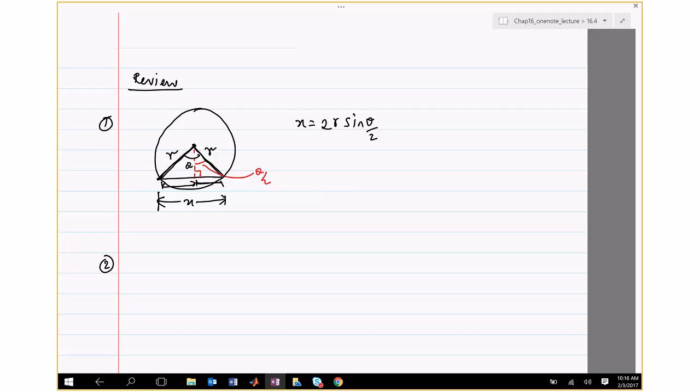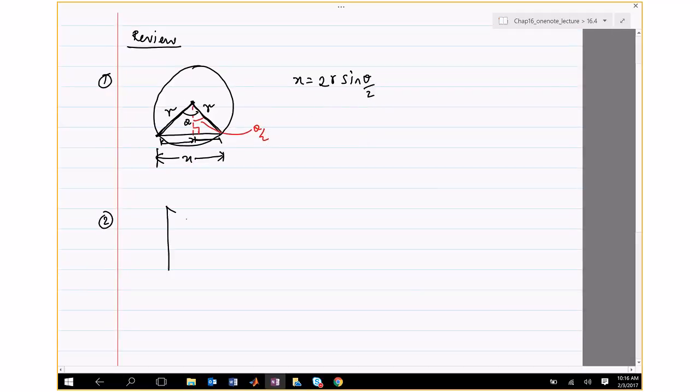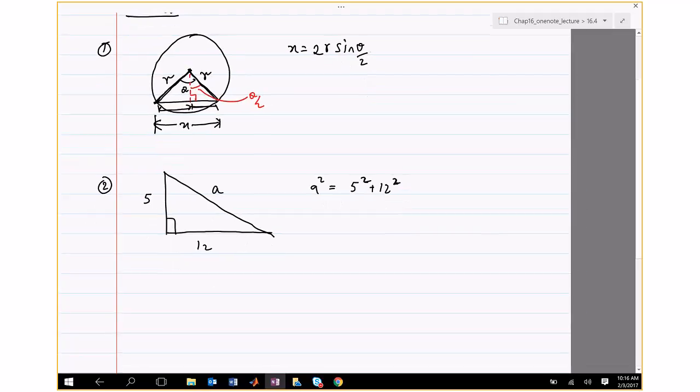Before that, let me review the Pythagoras theorem. So if this is 5 and this is 12 and you're told to find what a is, then a square is simply 5 square plus 12 square. That's probably very simple.